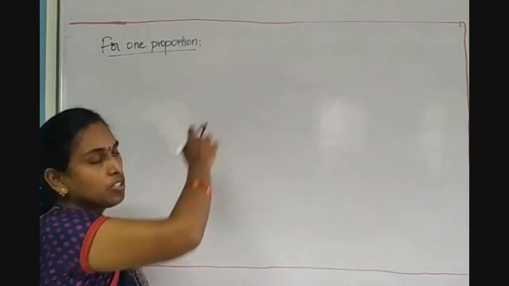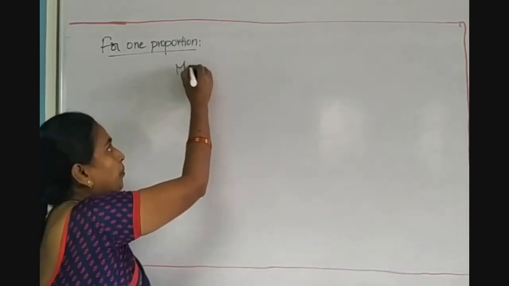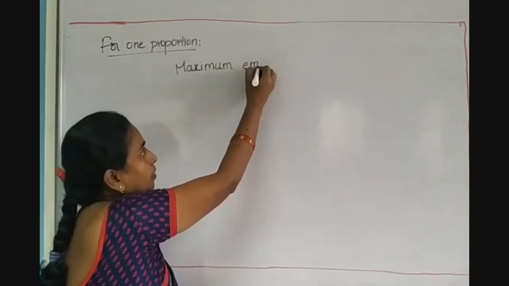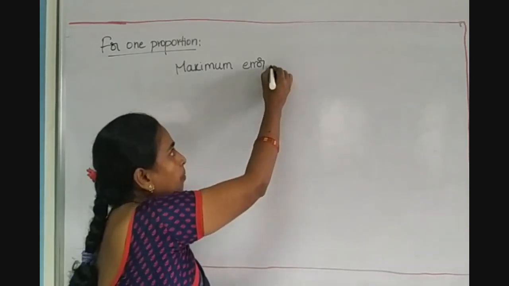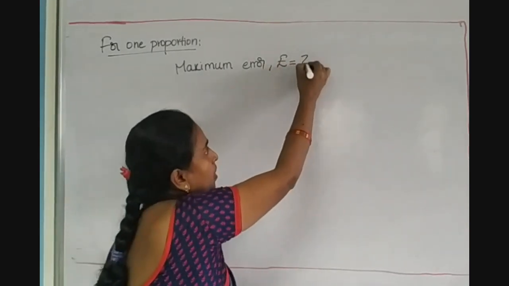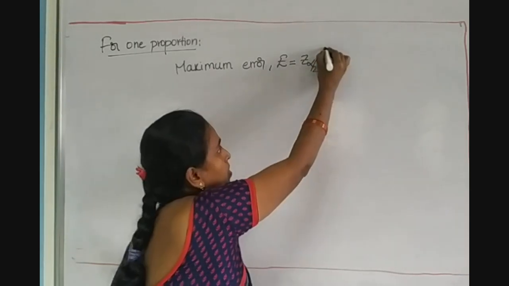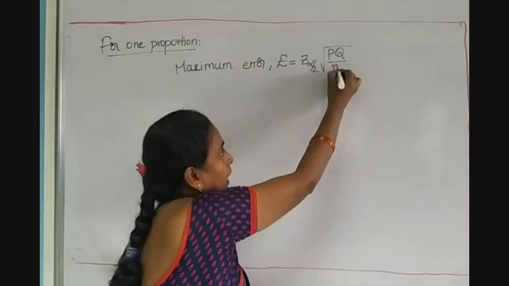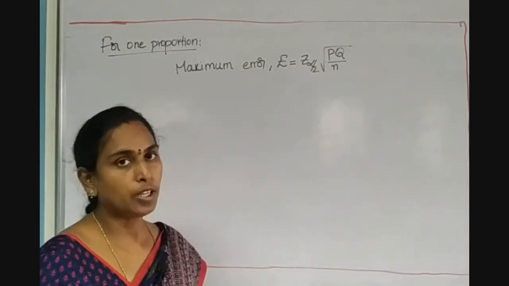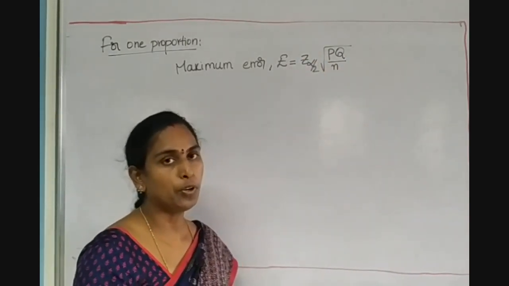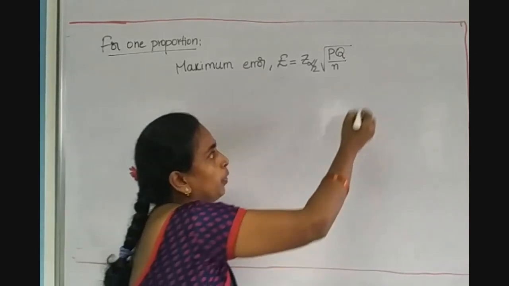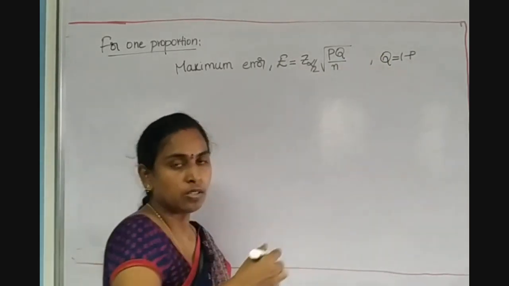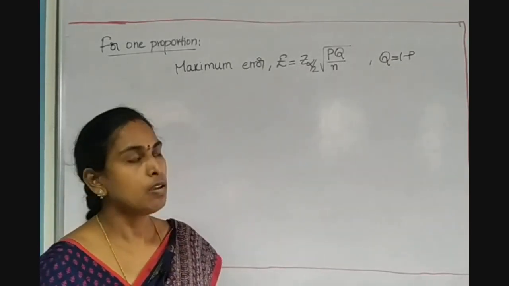For one proportion, the maximum error is given by E equal to Z alpha by 2 into square root of capital P into capital Q by n, where capital P is the population proportion, Q equal to 1 minus P, and n represents the sample size.